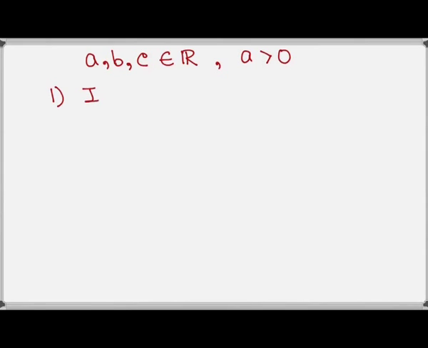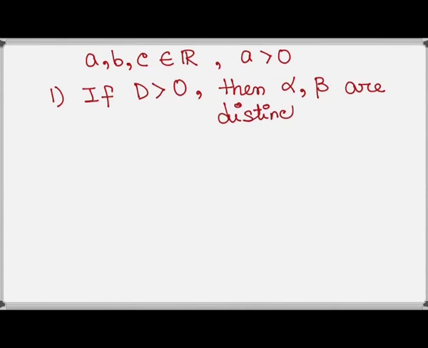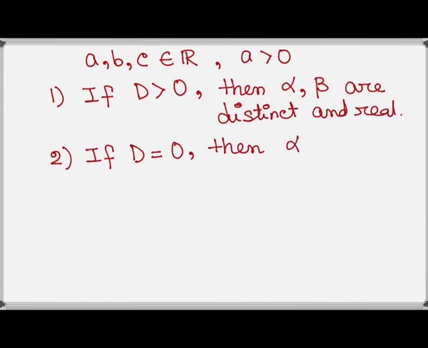If the discriminant d is strictly bigger than 0, that is if d is positive, then alpha and beta, both the solutions are distinct and they are real. Secondly, if d is 0, then we get alpha is equal to beta, and also they are real.